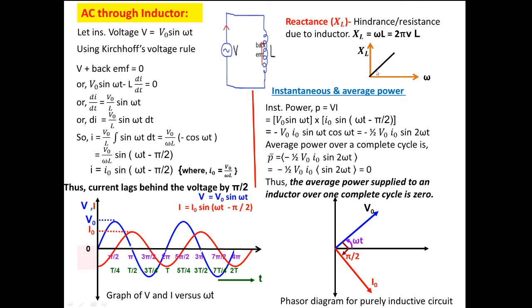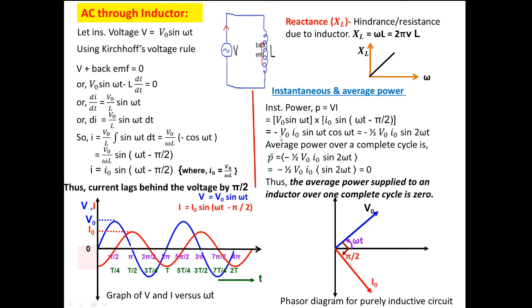Now see, what is the instantaneous and average power in an inductive circuit? If we remember class 10, power equal to VI, voltage into current. Here V equal to V naught sin omega t, I equal to I naught sin omega t minus pi by 2. Now if we simplify this equation, this instantaneous power, we will get minus V naught I naught sin omega t cos omega t.